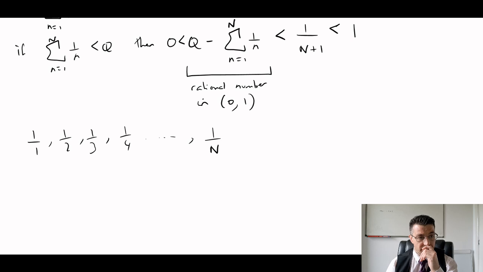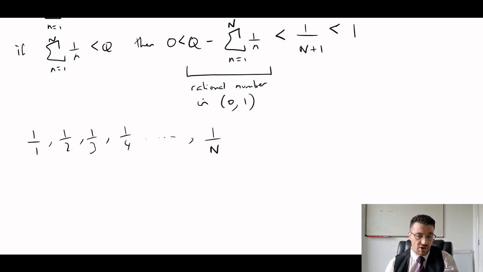Because the rational number that we're interested in, that's in this interval 0 to 1, is less than 1 over n plus 1.